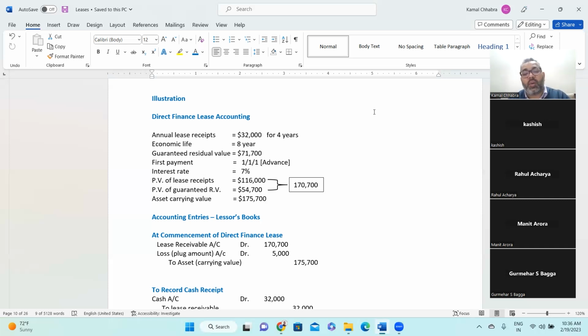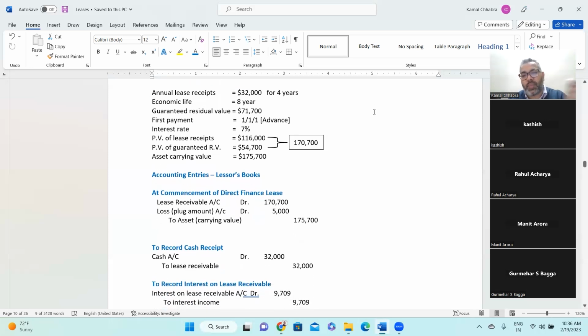Now, let's see the accounting entry in the books of the lessor. First, at the commencement of the direct finance lease, what will you do? You will create a lease receivable asset, right? With what amount? The present value of the total amount expected to be received, which is 170,700, right?